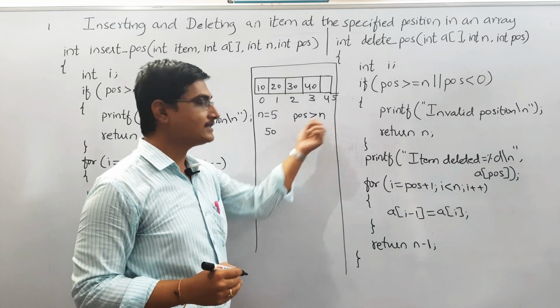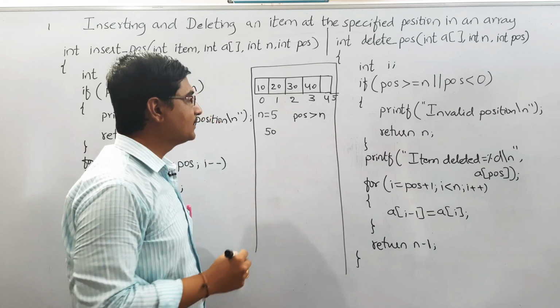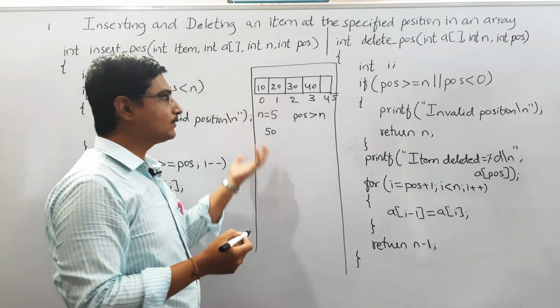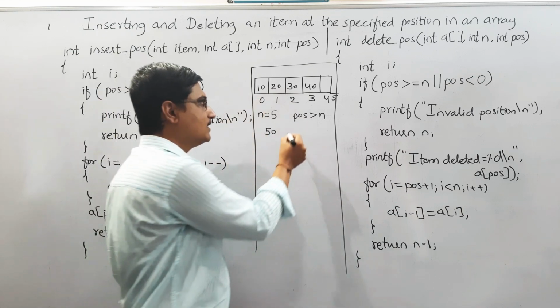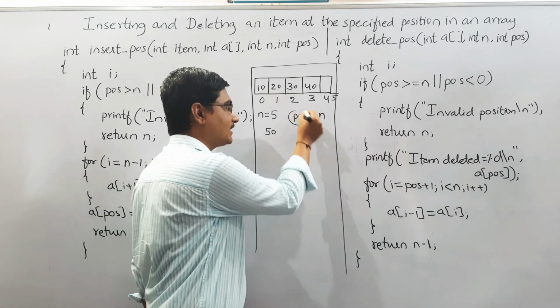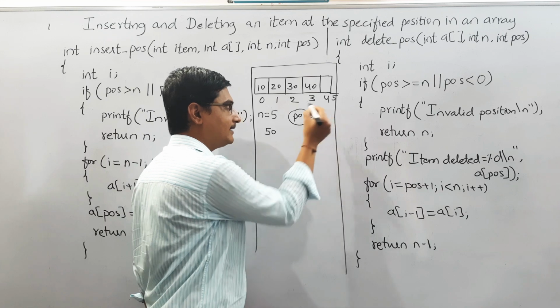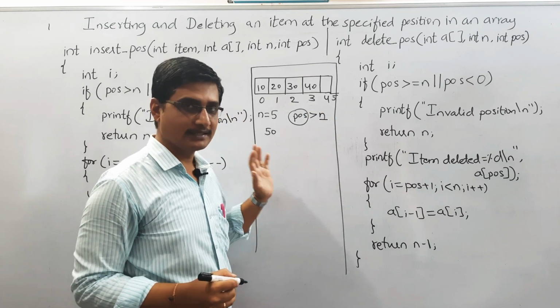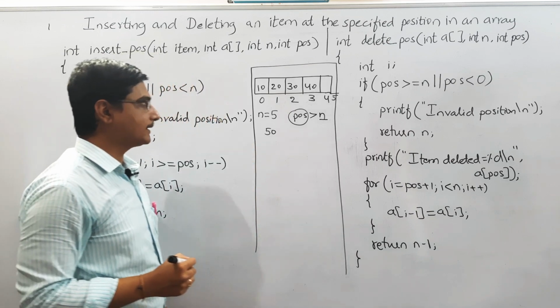N means the size of the array here. Or if I want to insert an element before this 0, then also it is not possible. So whenever we want to insert an element, we need to check whether the position is greater than n or less than 0. This is the first condition we need to check.